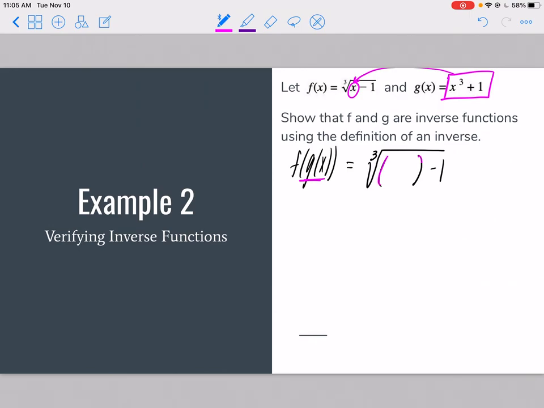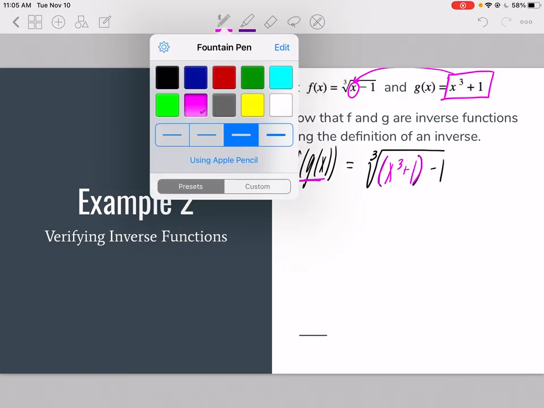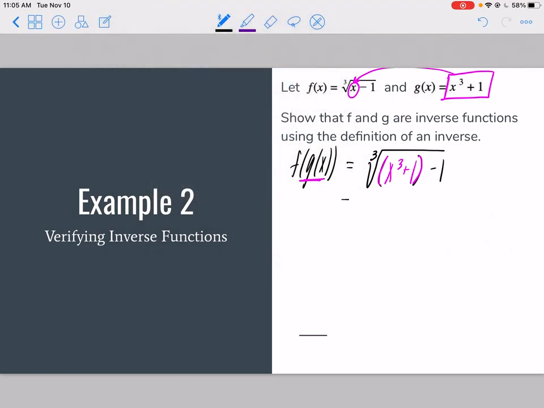Okay, remember I'm replacing x with parentheses, so I put the x cubed plus 1 in here, and then I simplify. So first thing you've got to simplify is whatever's underneath the cube root symbol. So we can simplify this. The 1 minus 1 is going to go away, so then we're just left with cube root of x cubed. Cube root undoes x cubed, and then we're just left with x.